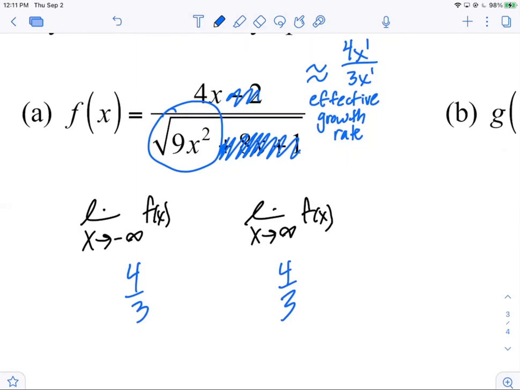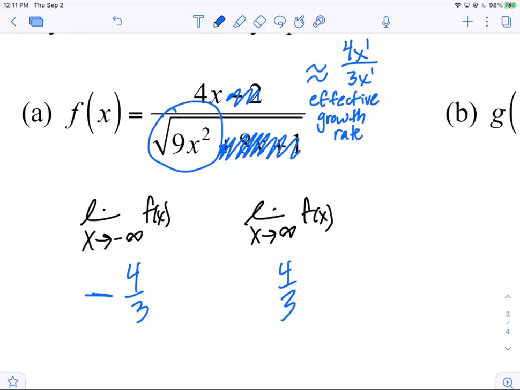And how do we get the sign? Same way we've been doing. Watch. We're going to negative infinity. In the top, we can plug in a negative into the leading terms. You're going to get a negative. And in the bottom, we're plugging back into the original now. You get positive. So what's a negative over a positive? A negative. And what do you get when you plug in a positive into the actual? Positive over positive is positive.